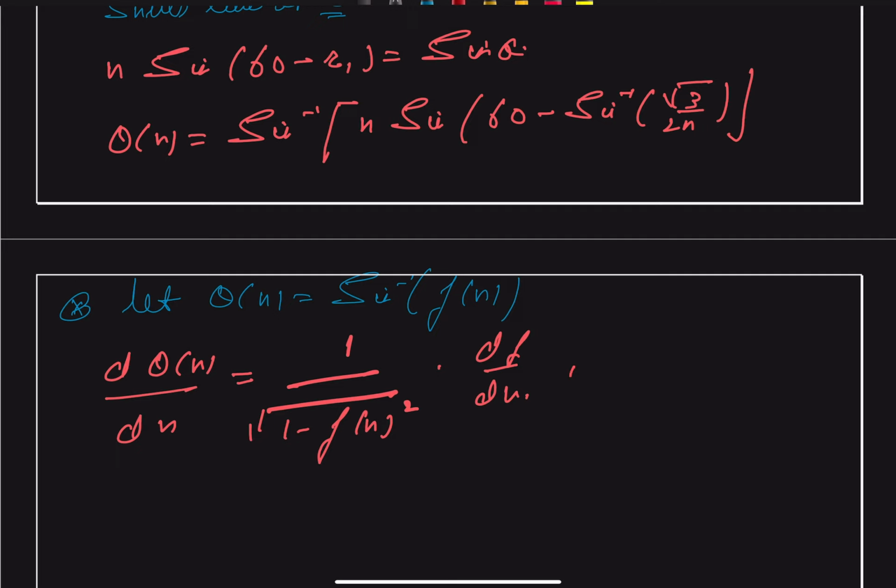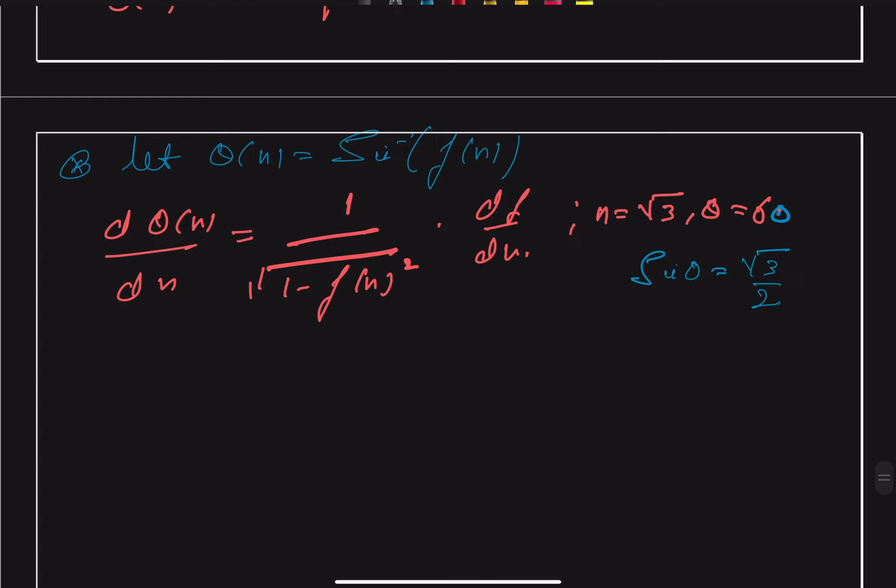And we are given that the value of n is equal to square root of 3 when theta is equal to 60. So we can say that sine of theta will be equal to square root of 3 divided by 2.